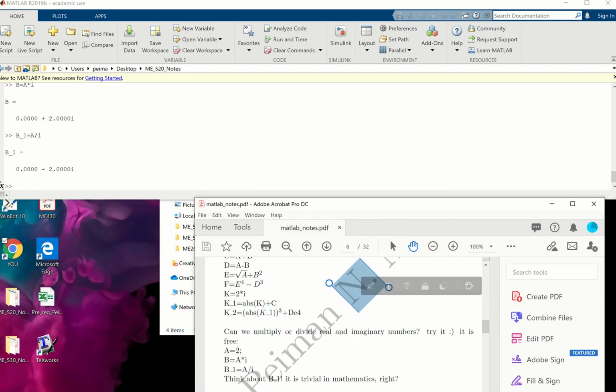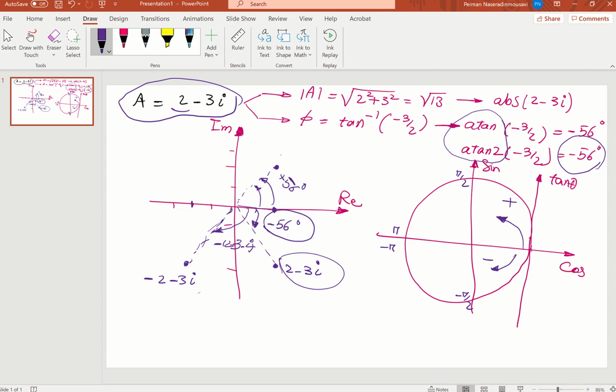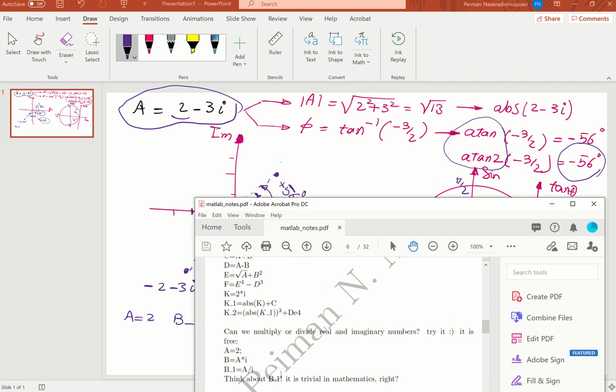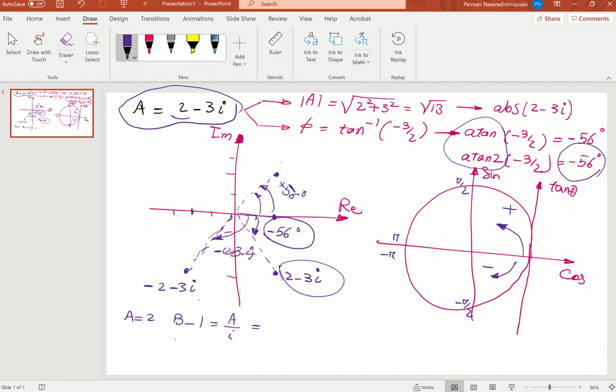See? a is 2, and I want to calculate b1. So, guys, when a is 2, I ask MATLAB to calculate this for me, a divided by i. So it's 2 divided by i.